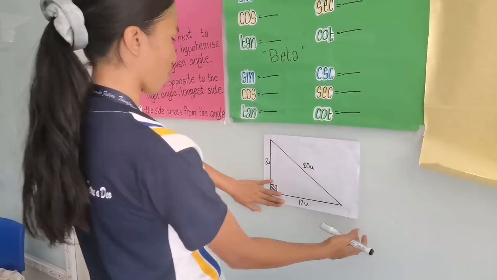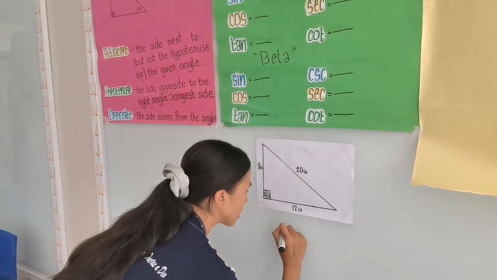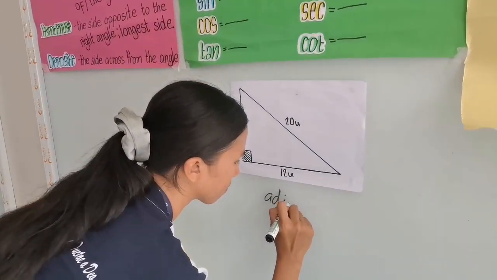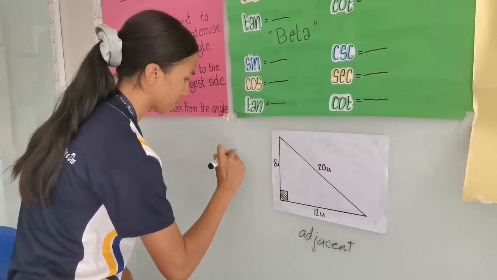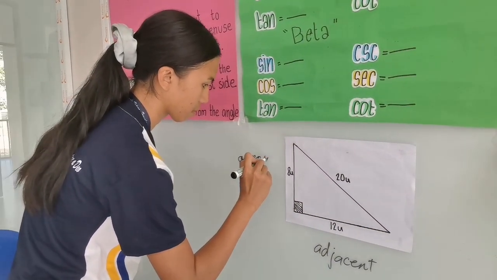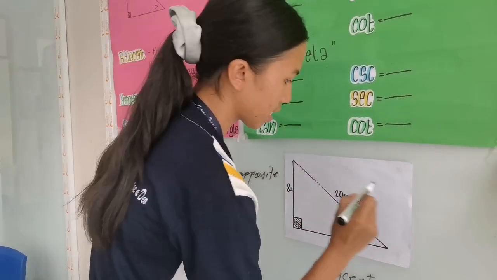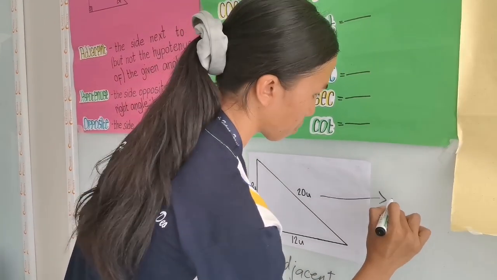So let me label the sides for you first. This is the adjacent side. This is the opposite side. And this side is the hypotenuse.